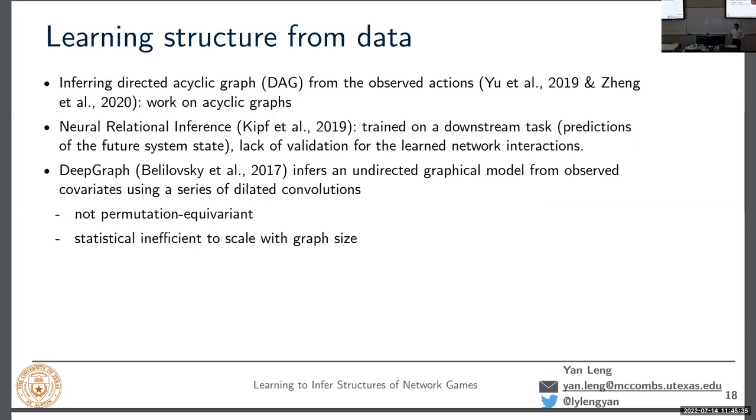Then there is some other literature that I want to review a little bit here. Right now we observe some of the adjacency matrices already, so it's no longer the unsupervised learning setup of the first paper that I presented. There are some similar studies. The first is the stream of study that infers the directed acyclic graph, and their underlying assumption is that individuals behave according to structural equation modeling.